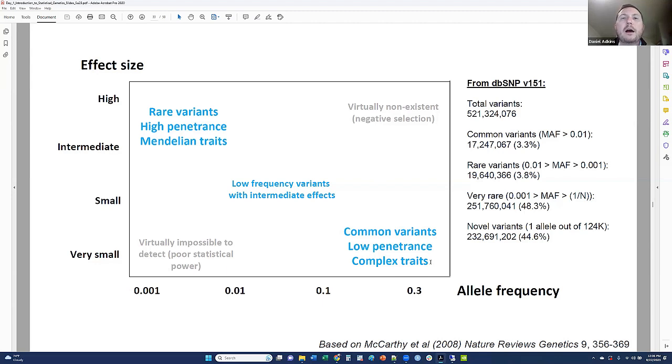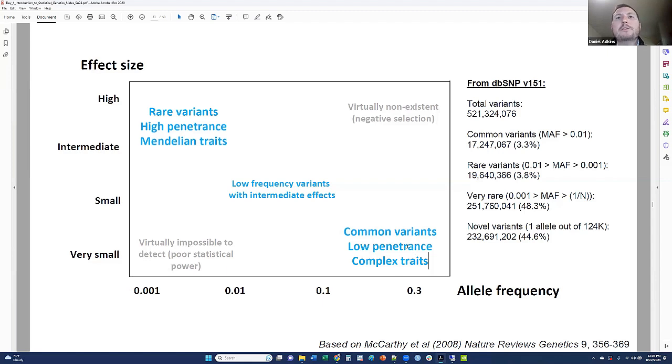On the other hand, complex traits, these are things like height or personality traits or cognitive traits, body composition. And these are what we often refer to as massively polygenic traits. These are traits that are influenced by tons of different genetic loci.